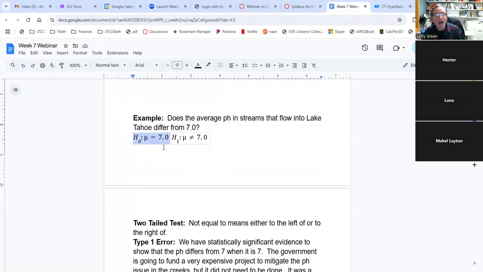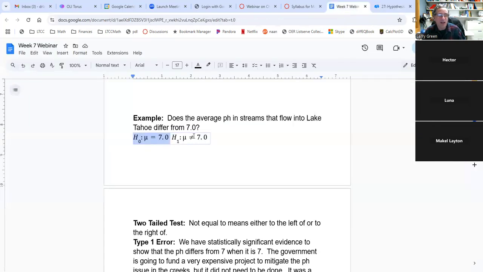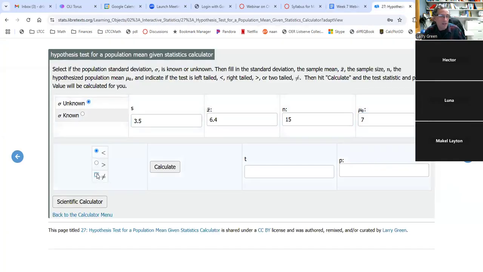So I wrote it as mu naught, and that's 7.0. Any questions on that? So that's 7. And then it's either less than, greater than, or not equal to for our hypothesis. We have a not equal to for all alternative hypotheses. So I'm going to click on not equal to. And then I hit calculate.